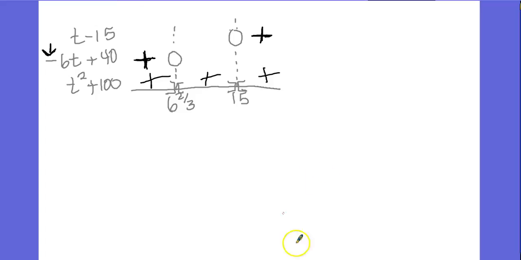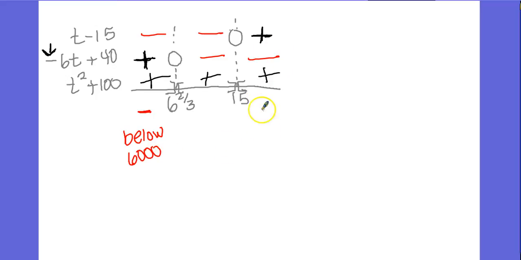Then I'm going to switch to my red pen and fill in all the empty spaces with my negatives. Because by now, I'm just cruising with my sign chart. Since I'm in red pen, I'm going to start with my negative intervals. My first interval is negative, which means it's below 6,000.